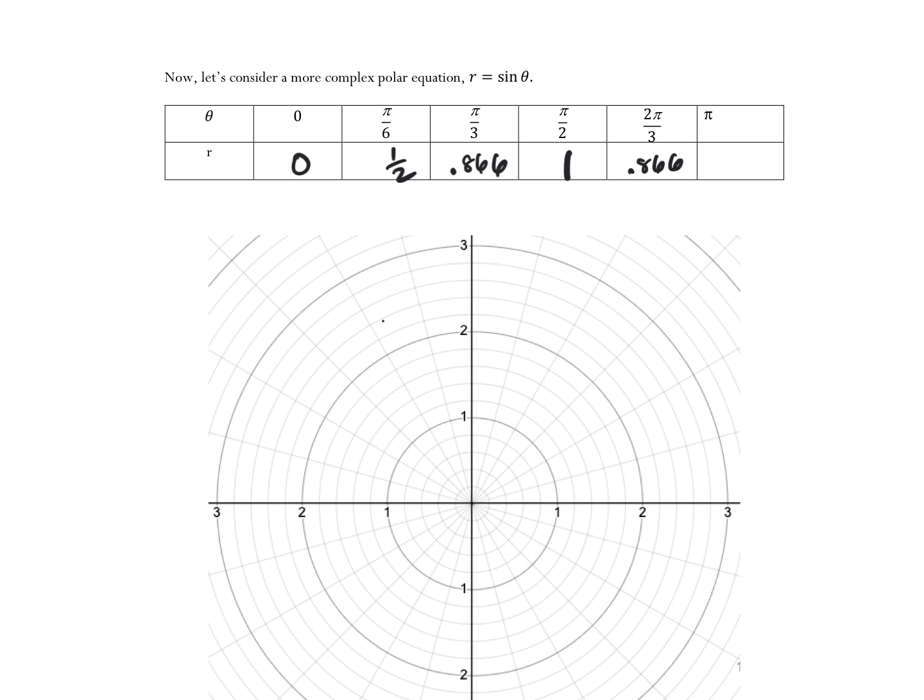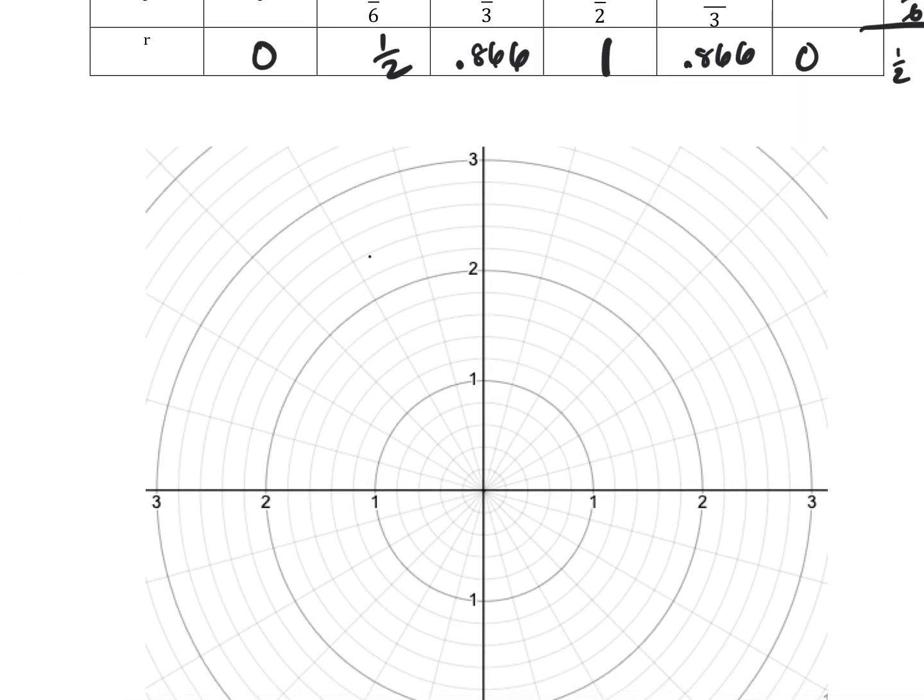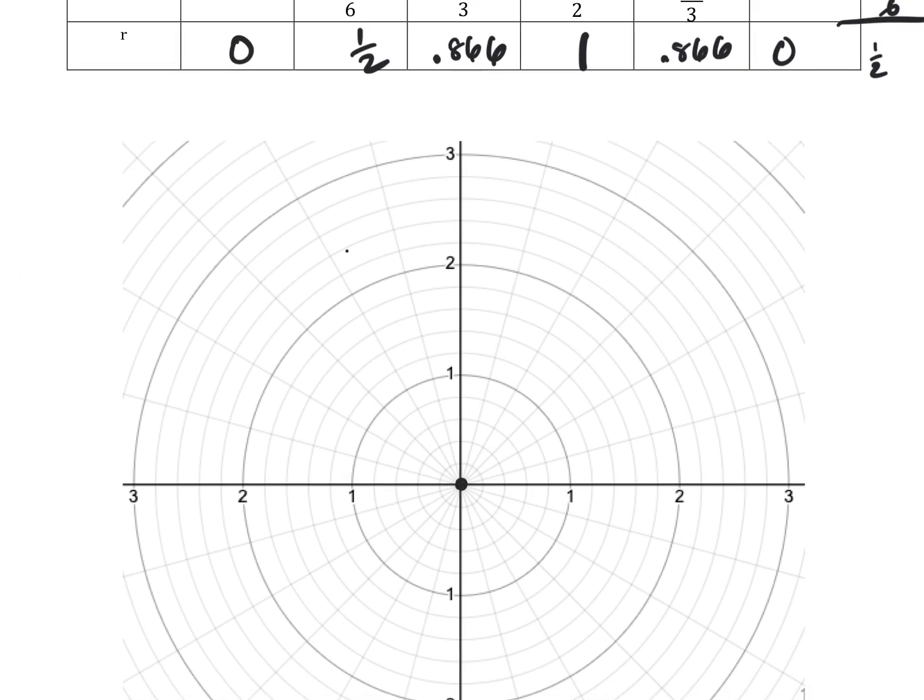Sine of pi is 0. I skipped 5 pi over 6, which would also give me a 1/2, okay? Everybody good? All right, so sine of 0 would be here. Pi over 6, 1/2 would be, it's a lot easier.